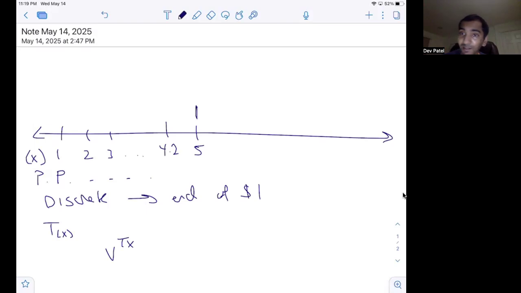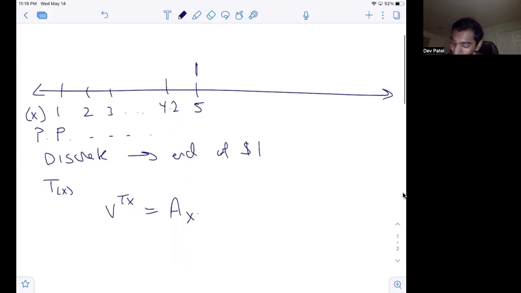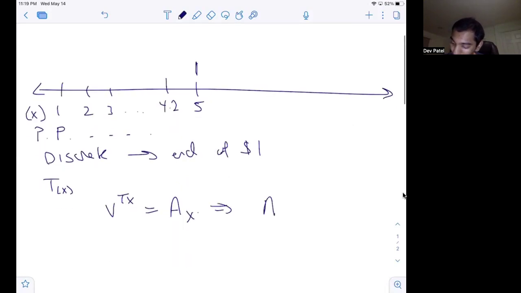So if they die at 4.2 years, they will get the benefit at 5, V to the fifth. That's our present value. We denote this as this, and we can make this discrete by not including a bar.